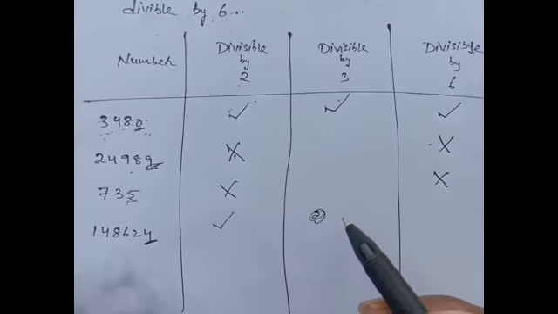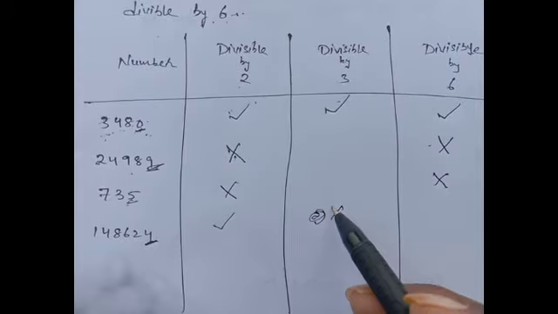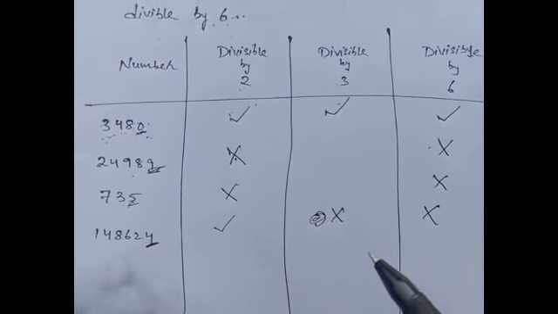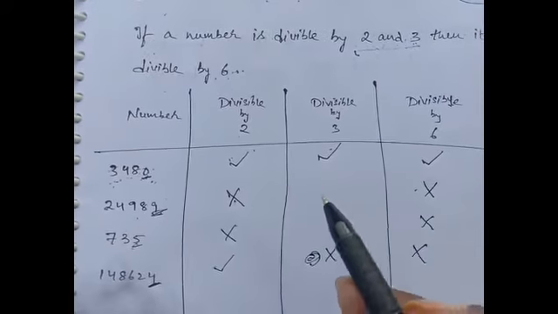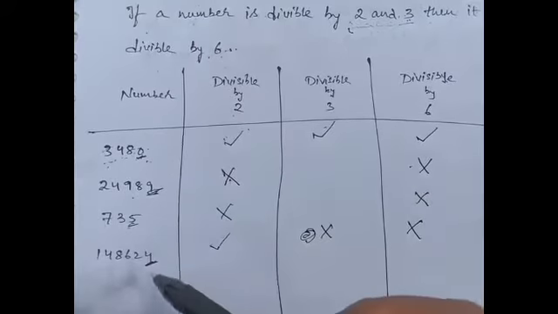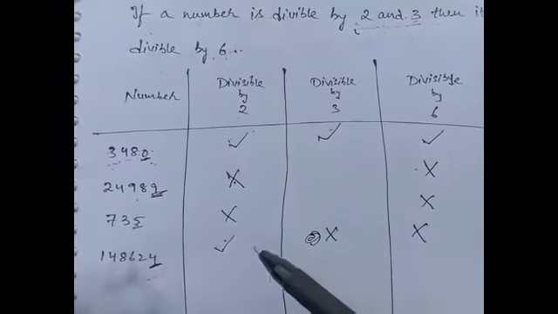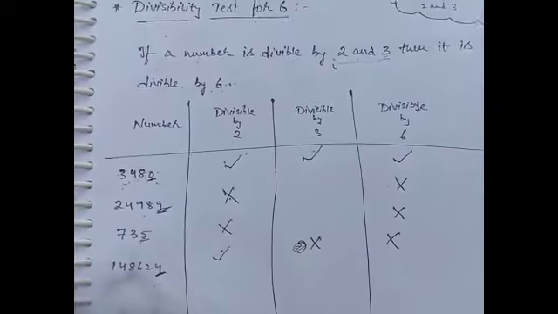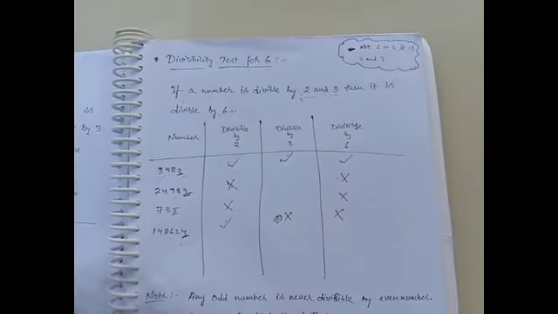So 25 is not divisible by 3. Hence we can say the number is not divisible by 6, as the rule is the number should be divisible by both 2 and 3. Here the number is divisible by 2, but it is not divisible by 3. Hence it is not divisible by 6. So this is the divisibility test for 6.